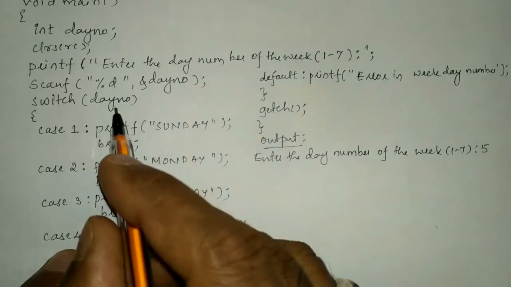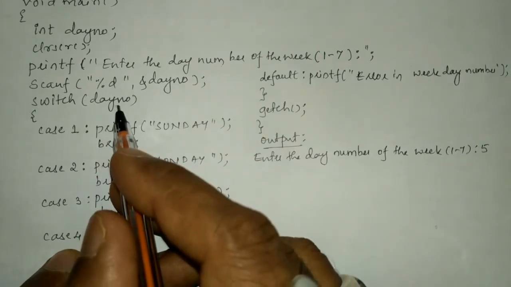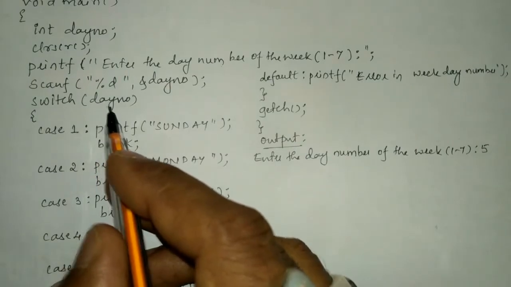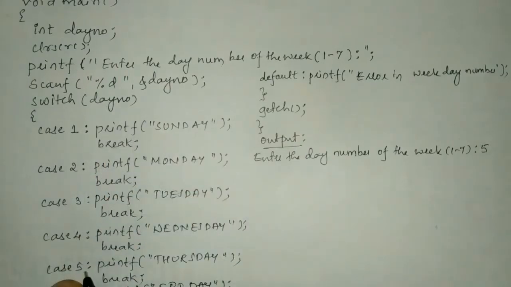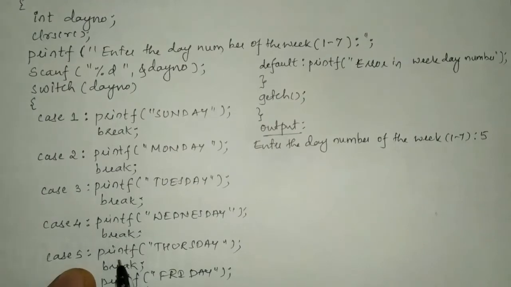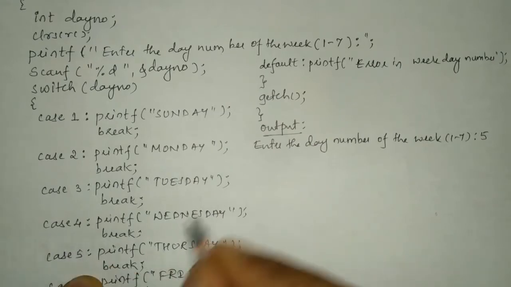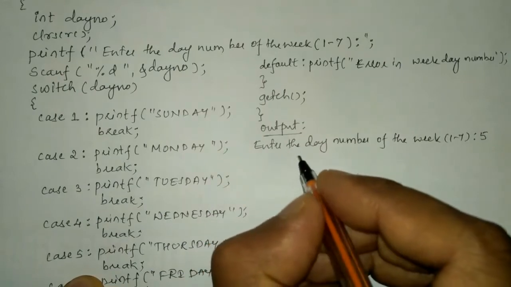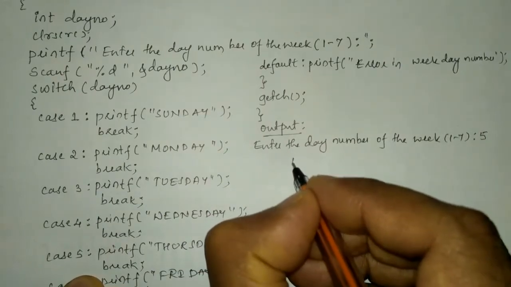So case 4 is not equal to 5. So case 5 is equal to day number 5. Hence it is going to execute case number 5. It is going to print Thursday and break out. Control comes out of the switch statement and then it is going to terminate. So what it is going to print is Thursday.